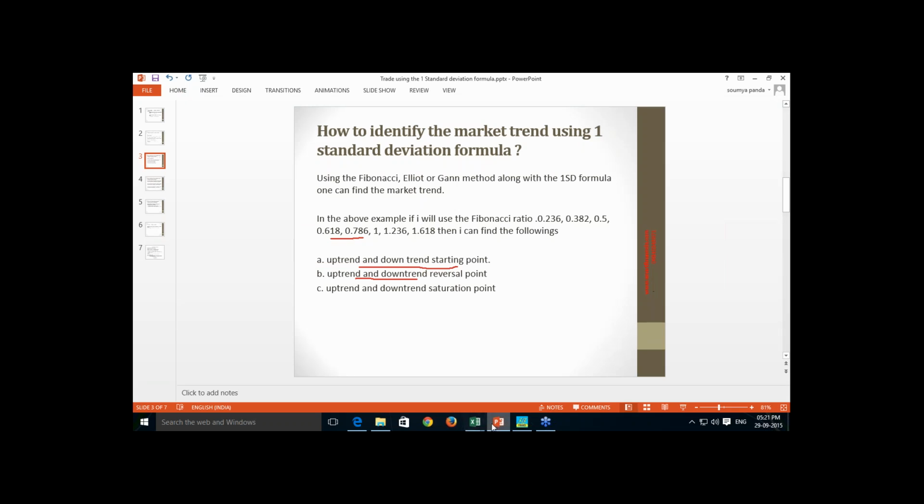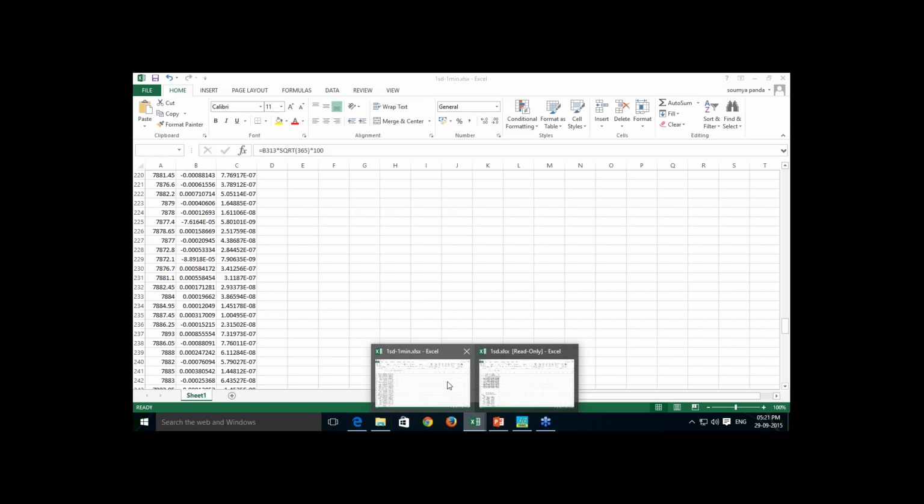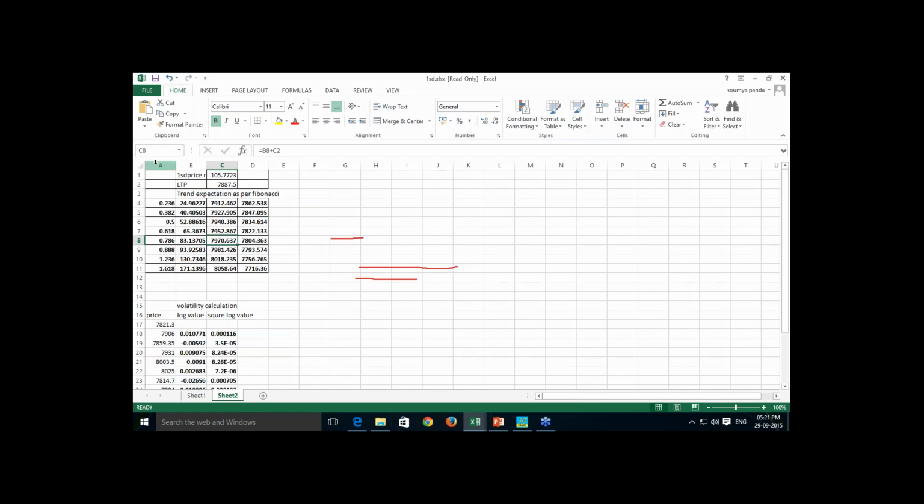Once you are going for the weekly or monthly predictions in this particular method, the number of days which you have taken for one, you have to take 7 days for weekly prediction. Whenever you are going for monthly predictions, you need to take 30.